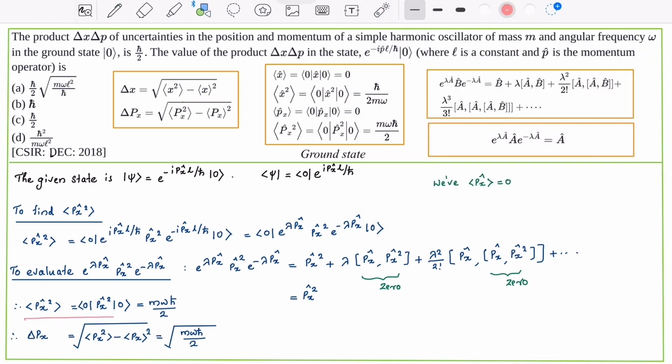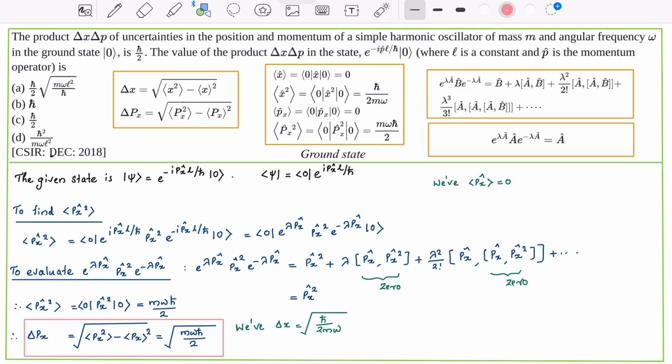Now let us take the product of delta x and delta px. We have already determined the value of delta x as root of h cross by 2 m omega.